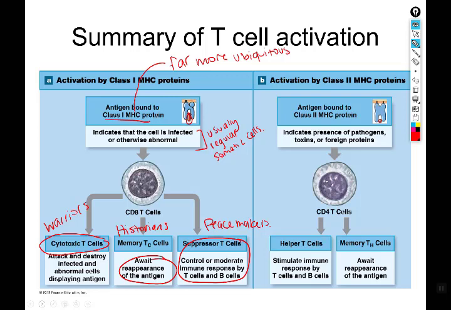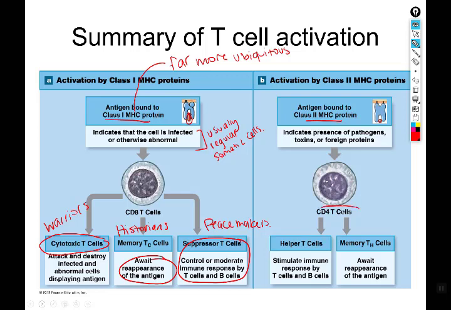Ubiquitous is a word that means numerous or common, usually a combination of both. So when I say class 1 MHCs are more ubiquitous, that means they are all over the place. Almost every cell has them, whereas by contrast, class 2 MHCs are limited to a specific group of cells, namely antigen-presenting cells and certain kinds of T cells.